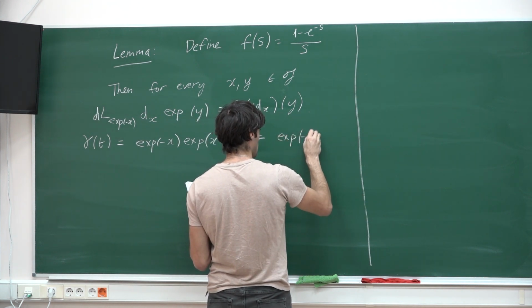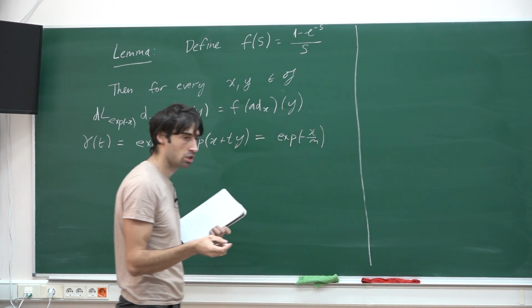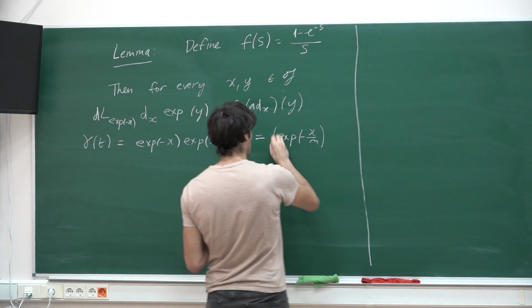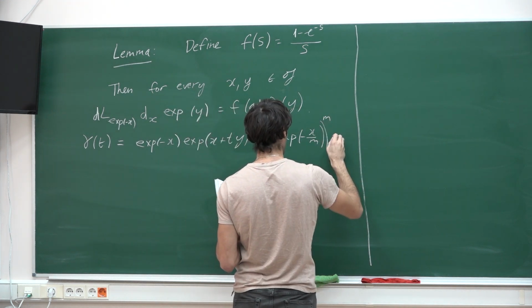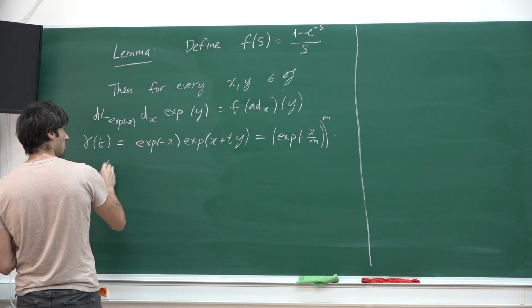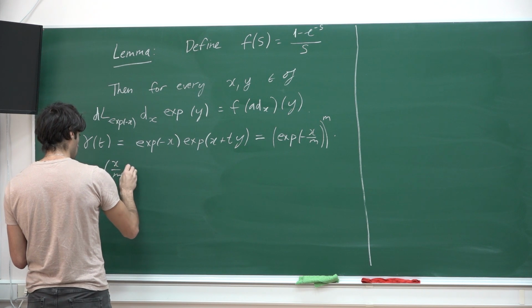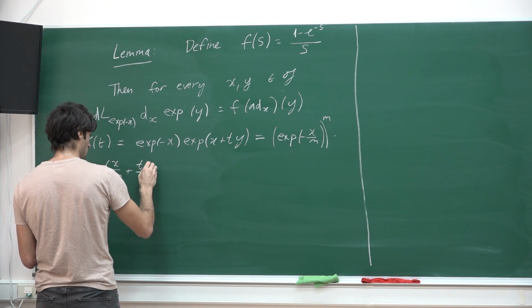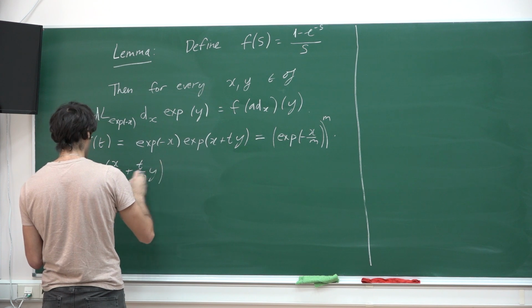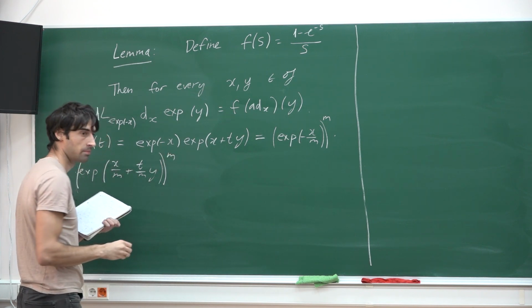It's exp of negative x over m, so take some natural number m, times exp of x over m plus t over m y, everything to the power m.